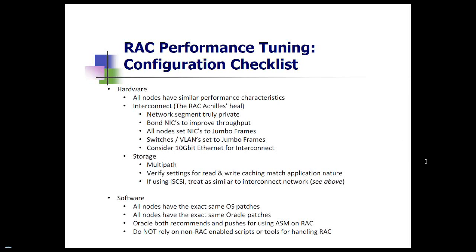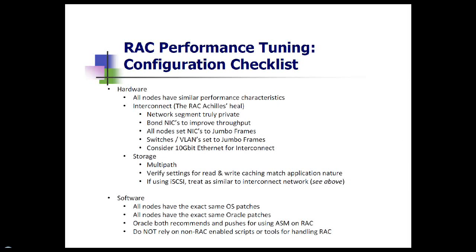Now the storage, we want to have multipath. Some people will be using InfiniBand. If you're using iSCSI, you might be doing 10 gigabit Ethernet. So there's some things here that you would treat the same. One of the things I find that people sometimes don't look at, and I think we mentioned this on an earlier slide, is for my storage array, knowing how its firmware is set to handle caching, so not just at the LUN level, but also all the way down into the firmware.